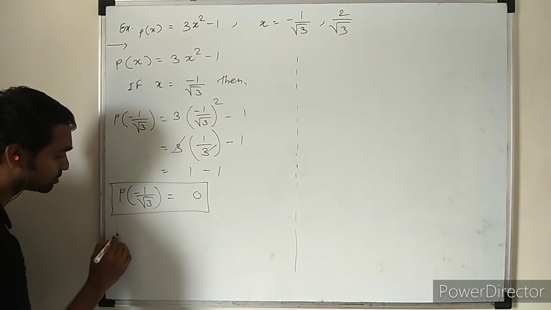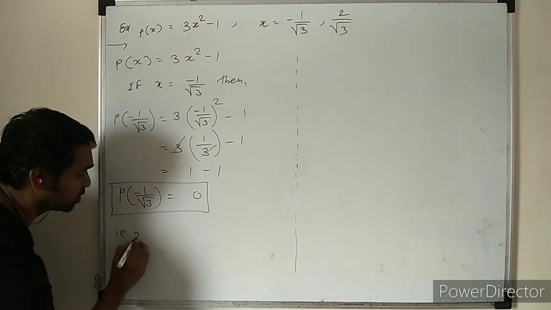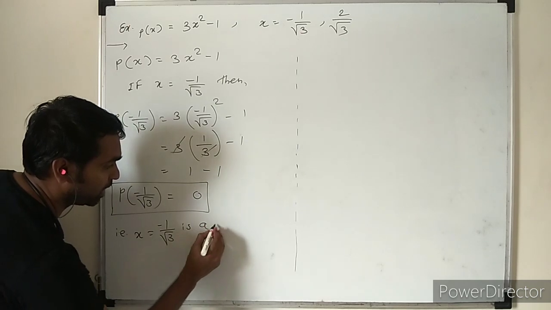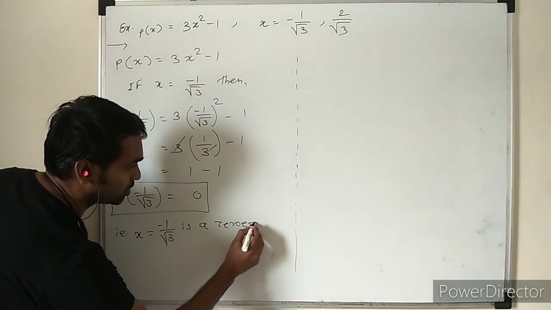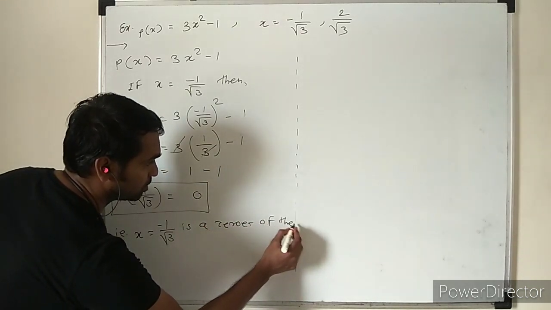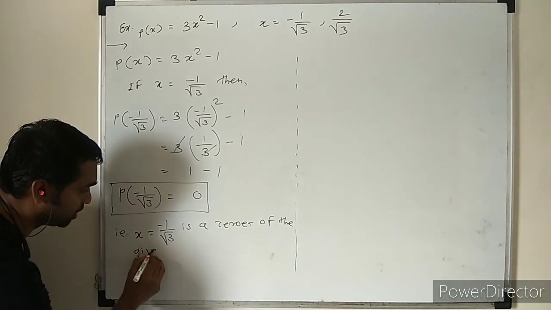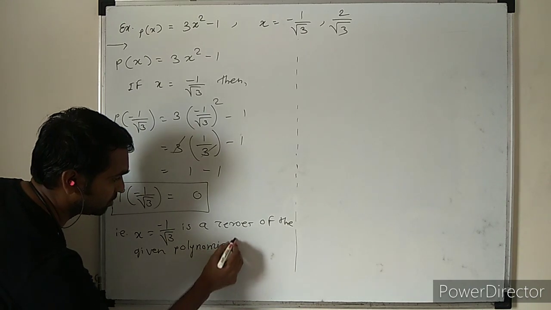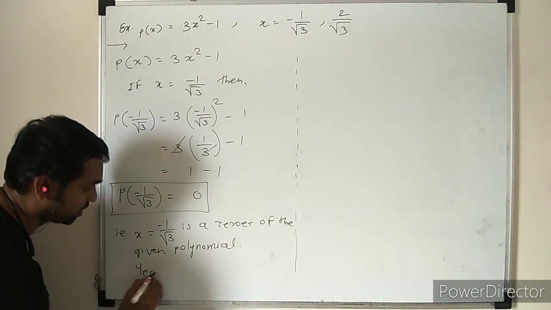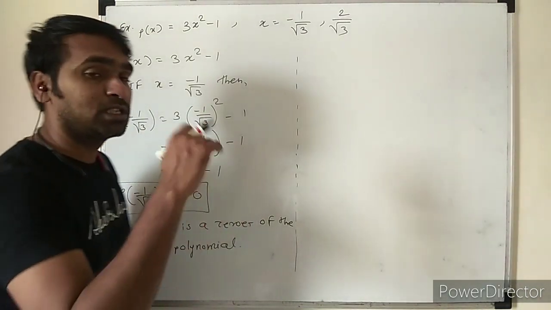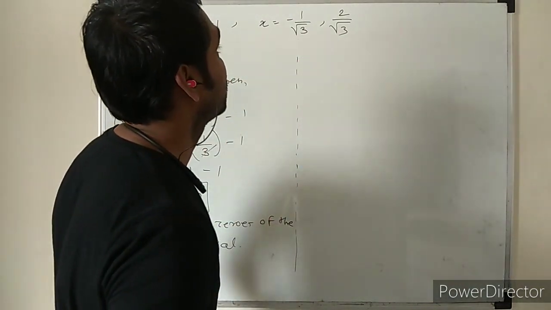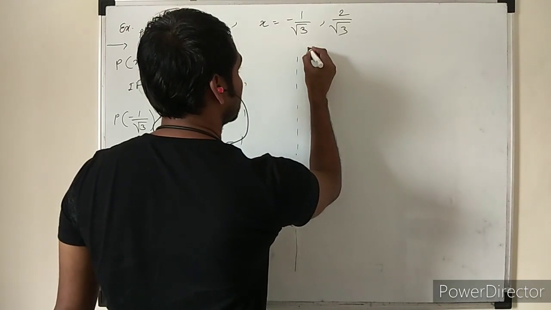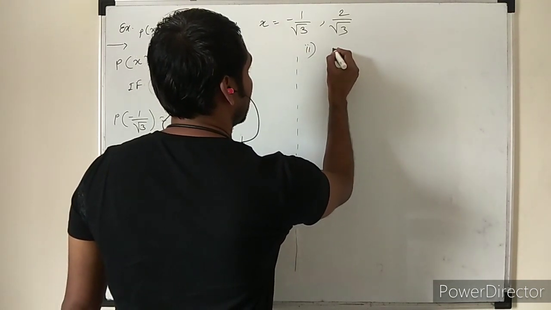That is, x is equal to minus 1 upon root 3 is a zero of the given polynomial. So your answer yes. Okay. Now see the one more example, that is you have given x is equal to 2 upon root 3. Now this is the second number.